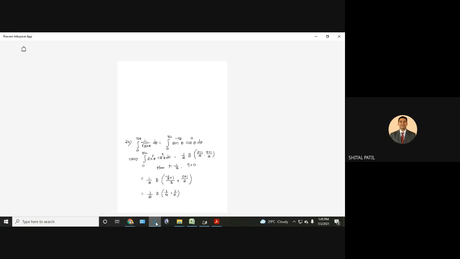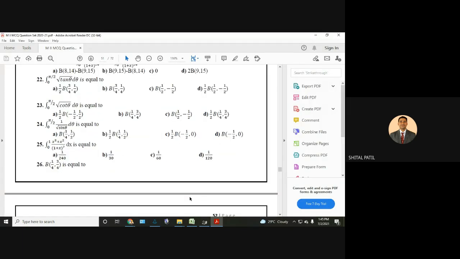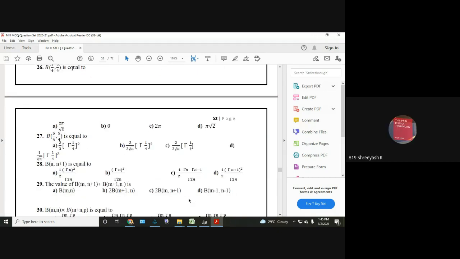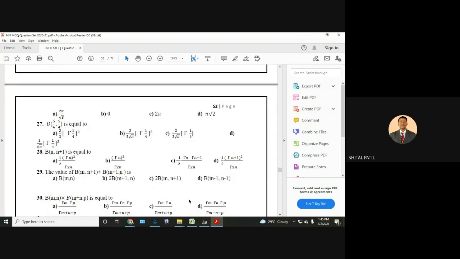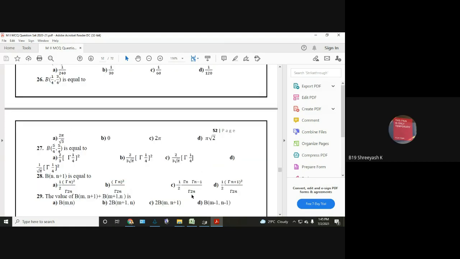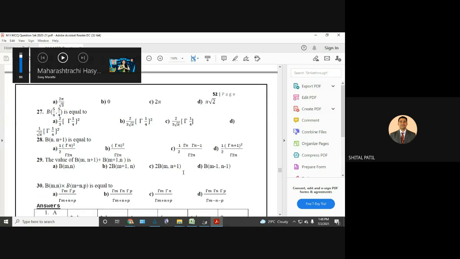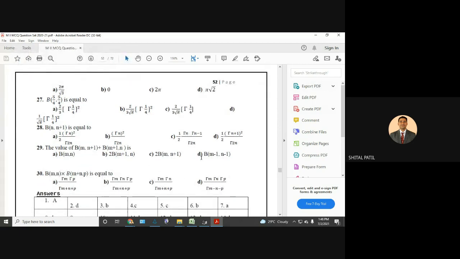This is the answer. Sir, what is gamma 0? Yes. Gamma 0. Is gamma 0 infinity? Gamma 0 infinity. Okay. Then solve question number 28, 29, and 30. Fast. Try to solve them. Till that time, I'll take the attendance.